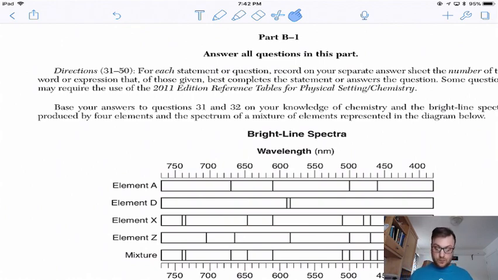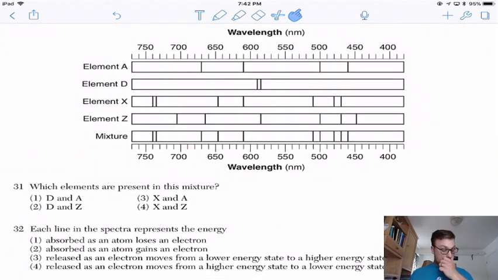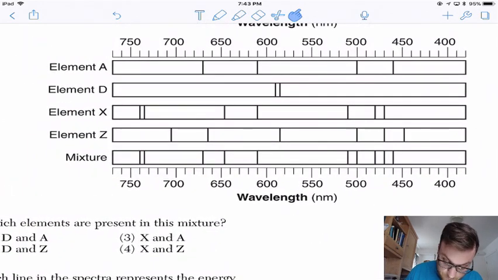Moving forward, which elements are present in this mixture? This is all about just matching the elements' lines to the lines that are in the mixture. Let's start with A. Yep. Yep. Yep. Great.